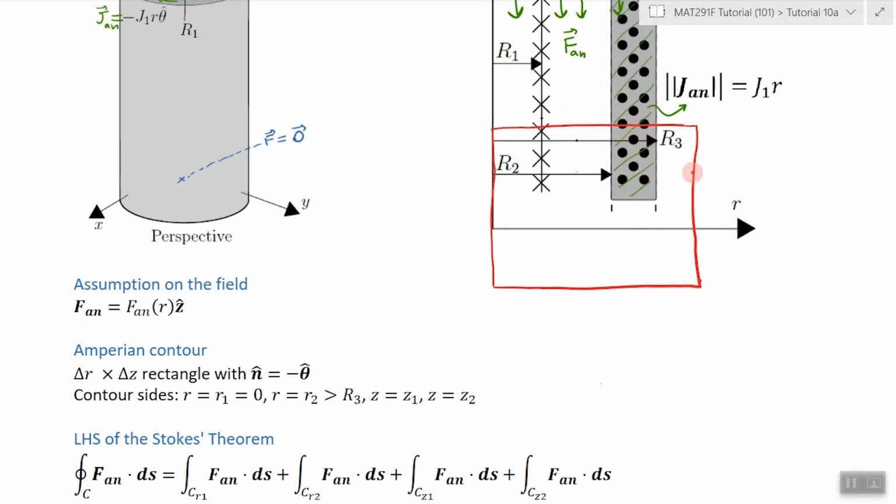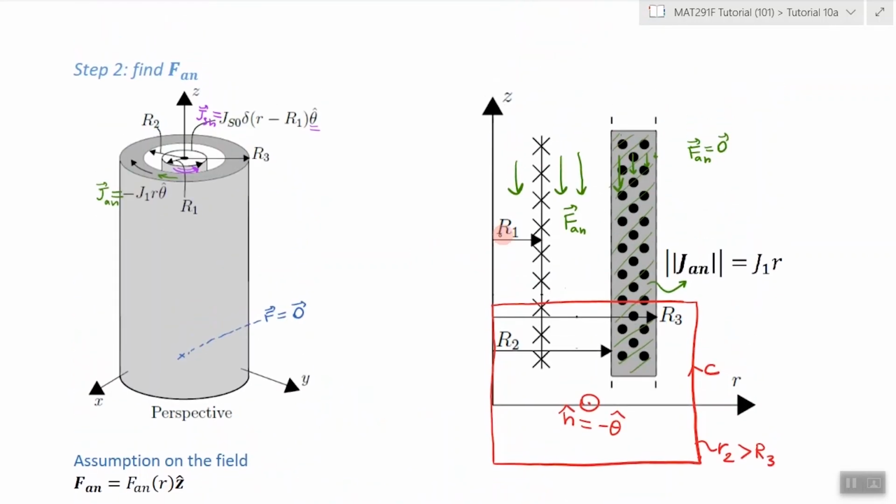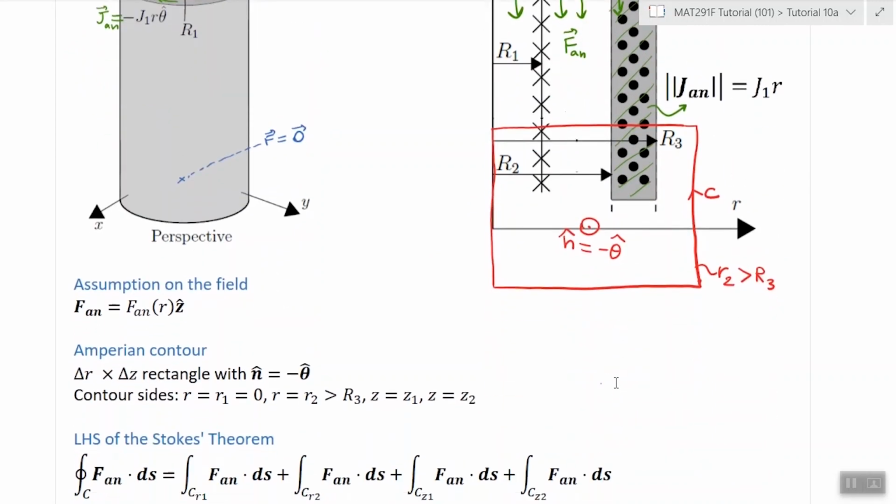So let's make the contour go all the way until R2 greater than R3, where, remember, R3 is the outer radius of the annulus. So this is the contour. Let's orient it this way. This corresponds to n hat going like this. This is equal to negative theta hat. Because remember, theta hat goes into the page. And this is the opposite direction.